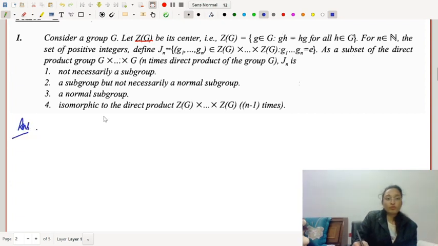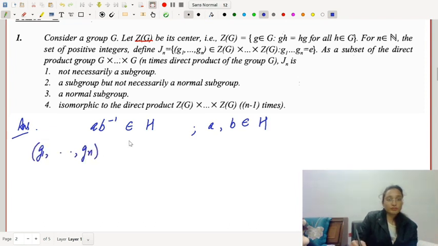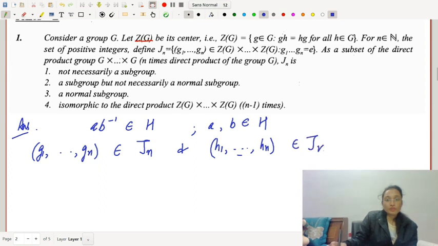For a subgroup, what we will check is that a b inverse belongs to H, where a and b belong to H. So consider (g1, ..., gn) belonging to Zn and (h1, ..., hn) also belonging to Zn.